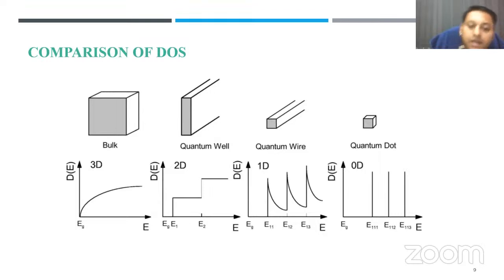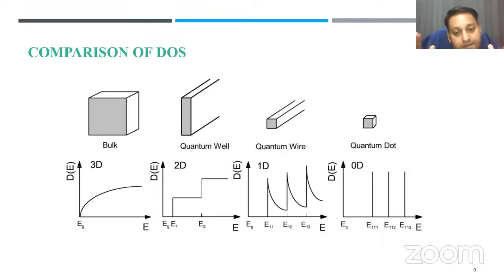Now for the quantum wire, there is further variation in the density of states, again at different discrete energy levels there is a sharp variation, and not only that, but the density of states doesn't remain constant in between the energy levels.